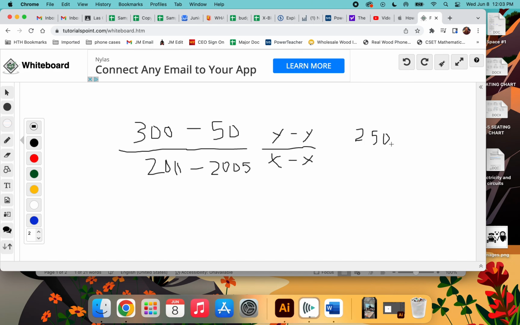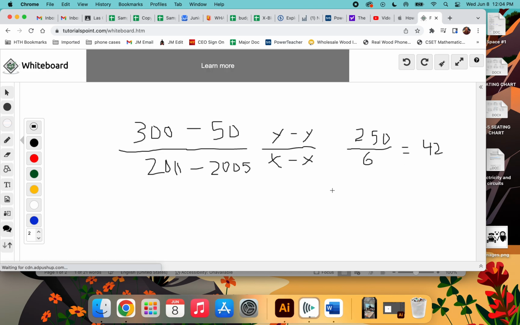Then 2011 minus 2005 is just 6. I take that 250 and divide it by 6, and that'll be my slope, which is 41.6. We're just going to round that to 42. That is my slope, that's my m.